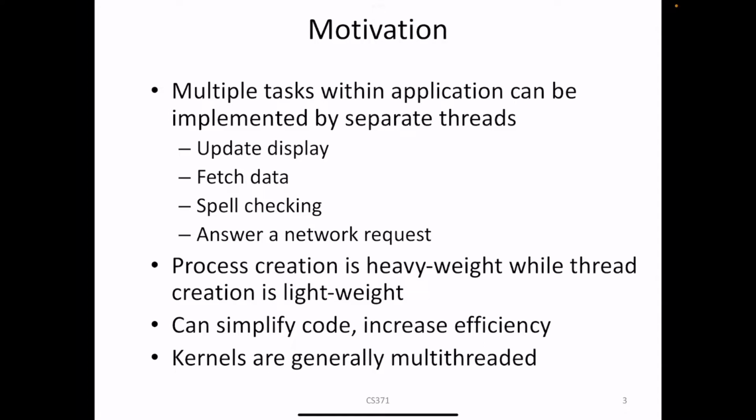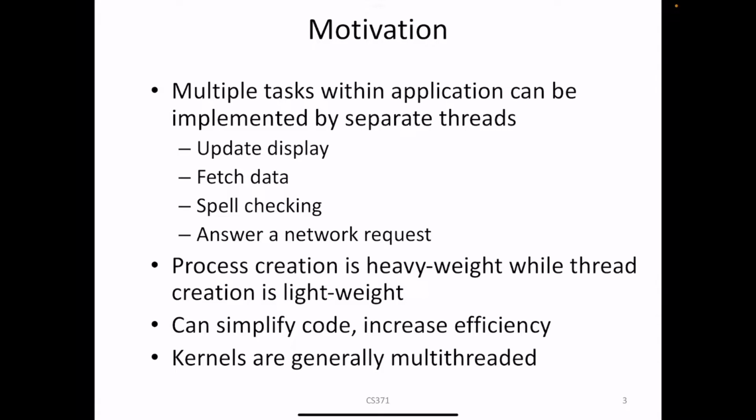Then you may ask, okay, Dr. Wang, previously you mentioned multi-processes. For example, Google Chrome uses multi-processes to implement the tabs. So why do we need multi-threaded processing? Nowadays, more and more applications tend to be implemented with multi-threading instead of multi-processing.